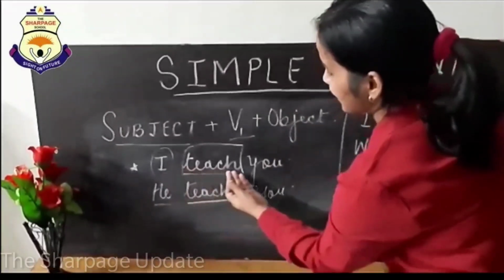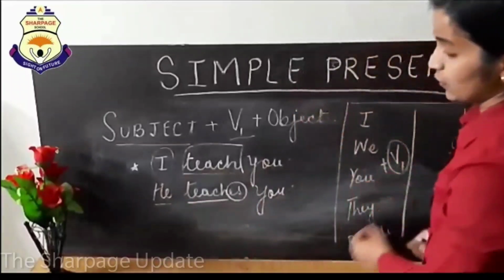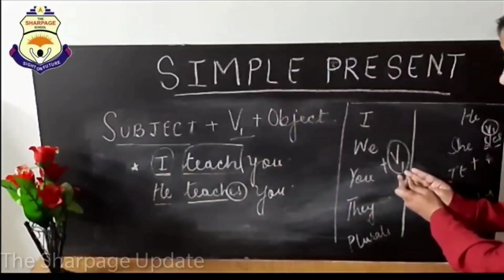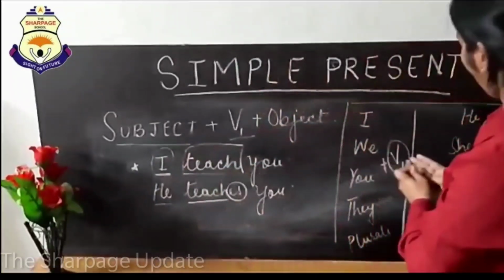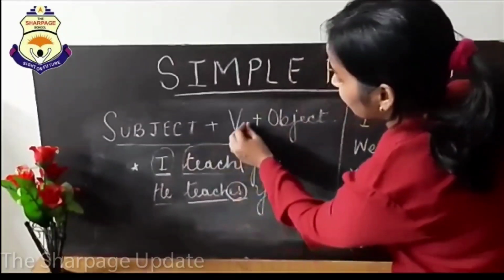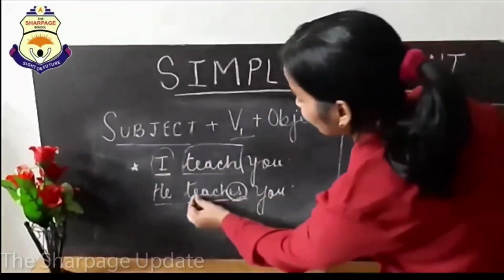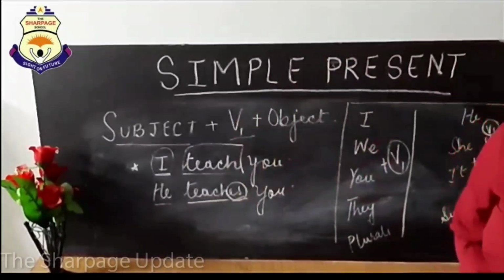Here you can see the example. I teach you and he teaches you. With I, we have to add only the first form of the verb, that I have given, teach. But with he, I have to add s or es with the first form of the verb. So I have added es with teach. So these are the examples of simple present.